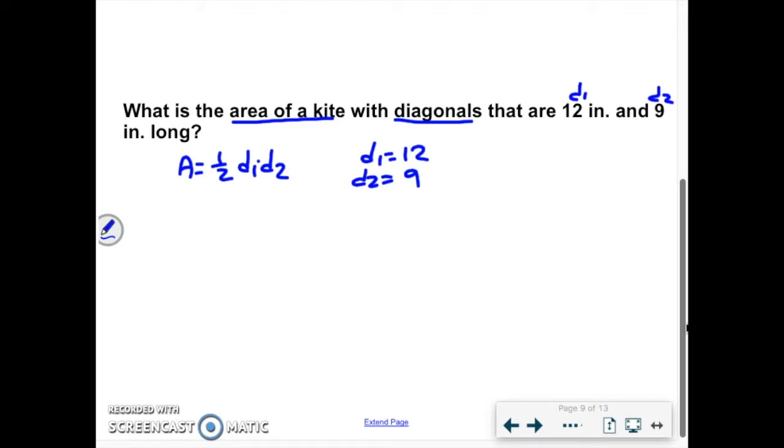So I have nothing to find this time. I'm ready to try and solve. So I'm going to punch in 1/2 times 12 times 9 in the calculator. That will be 1/2 of 108, which is 54. This time we are in square inches. So sometimes it's even faster without the picture because we don't have to add any diagonals together.